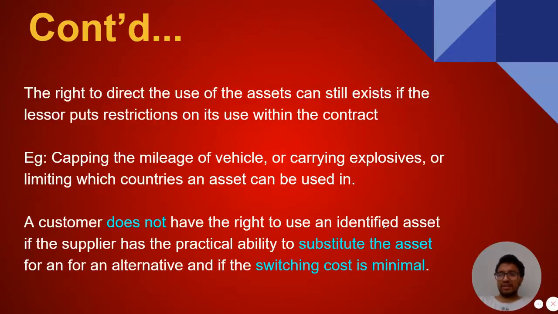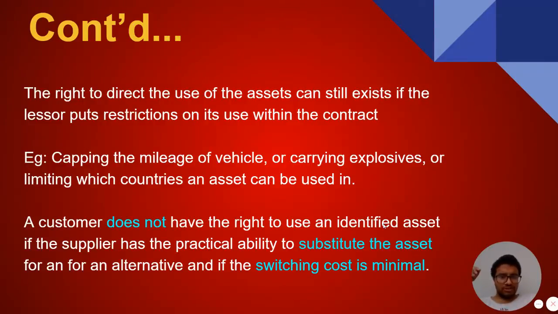Next, the right to direct the use of an asset can still exist if the lessor puts restrictions on its use within the contract. There could be a restriction on the underlying asset, such as, let's say you are not allowed to put explosives inside your house or carry harmful chemicals.